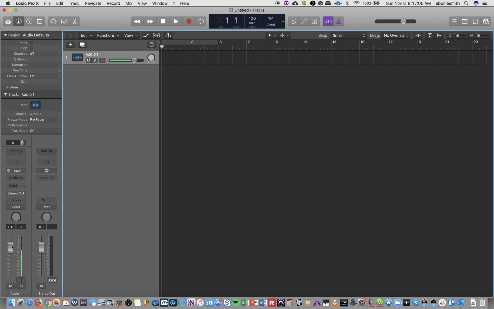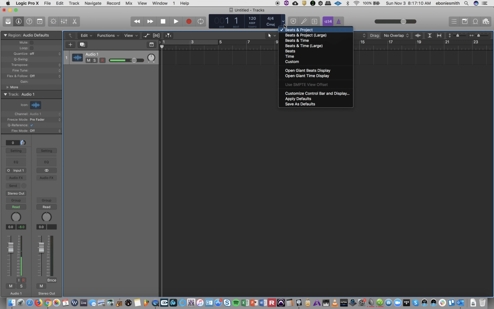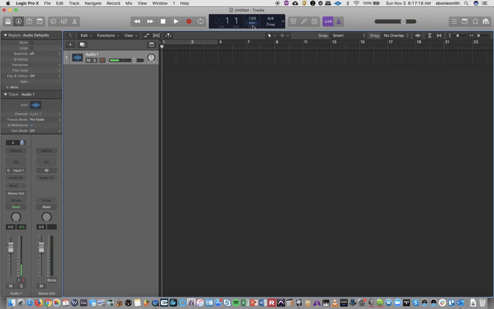We're going to talk very quickly about tempo, which in Logic is referred to as beats per minute, right? So as you can see right here, I'm hovering around the transport, and the transport has a number of features and indicators here.